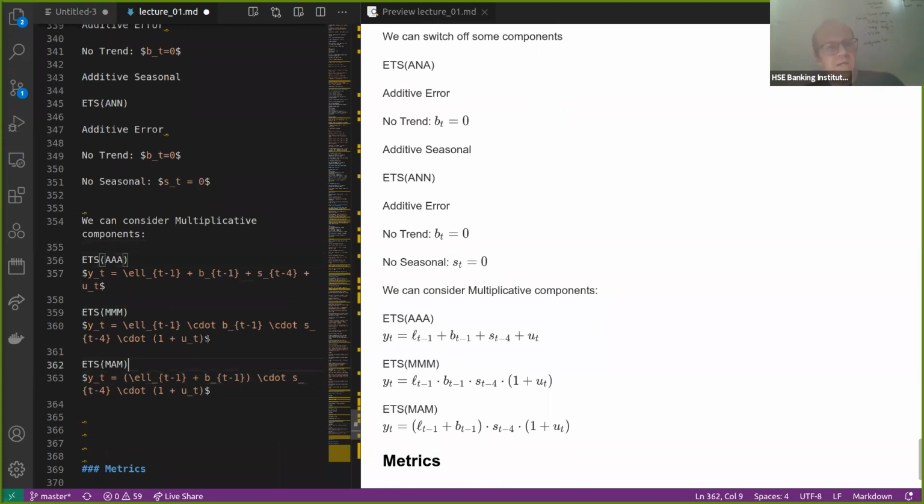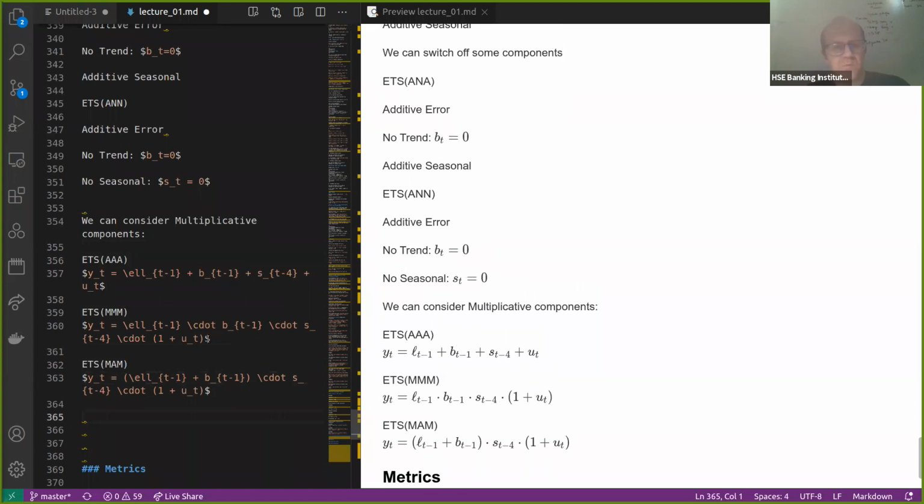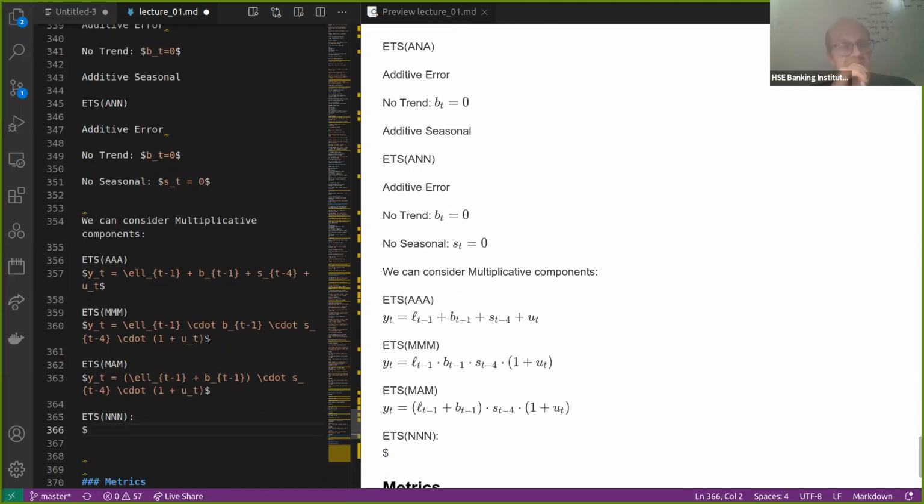From a formal point of view, you have no error, no trend, no seasonality. For ETS NNN, you will have just a horizontal line.